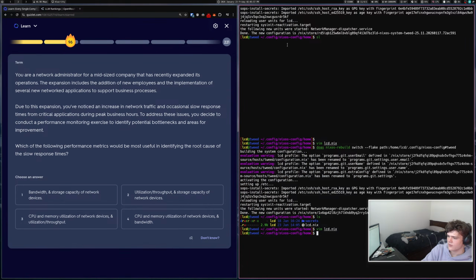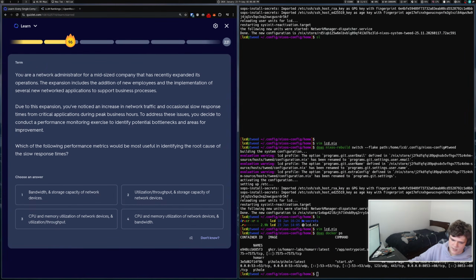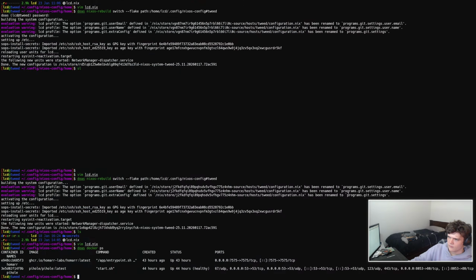No, because Pi-hole is, can I show this? Yeah, I can. Because Pi-hole is in, yeah, rest in peace, NeoFetch. Pi-hole is running in a Docker container, and I'm on the host system right now.